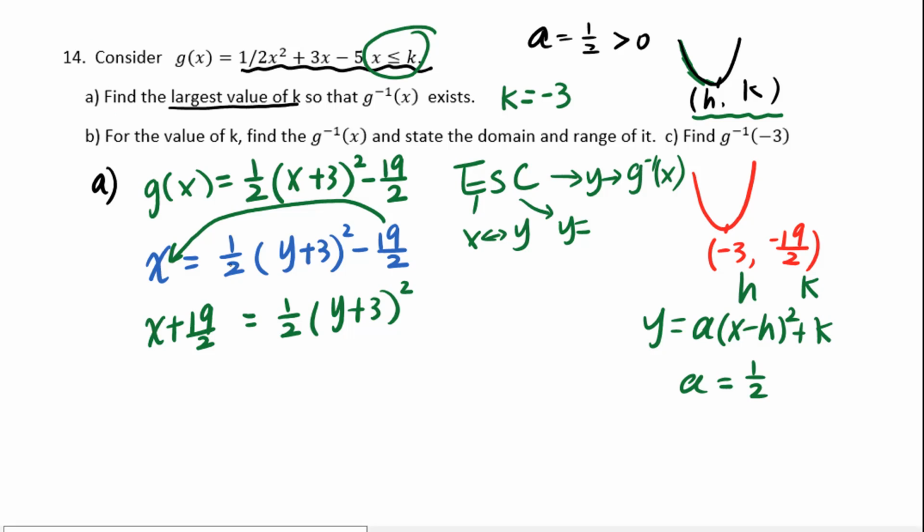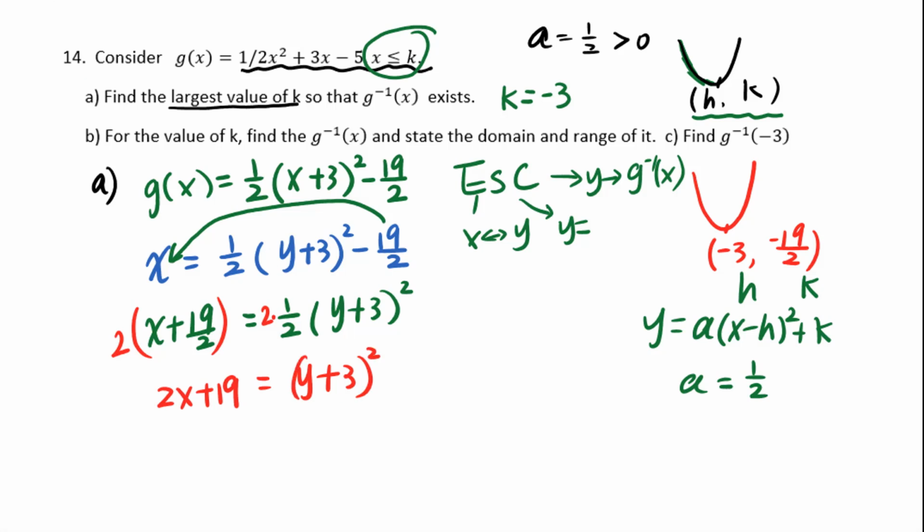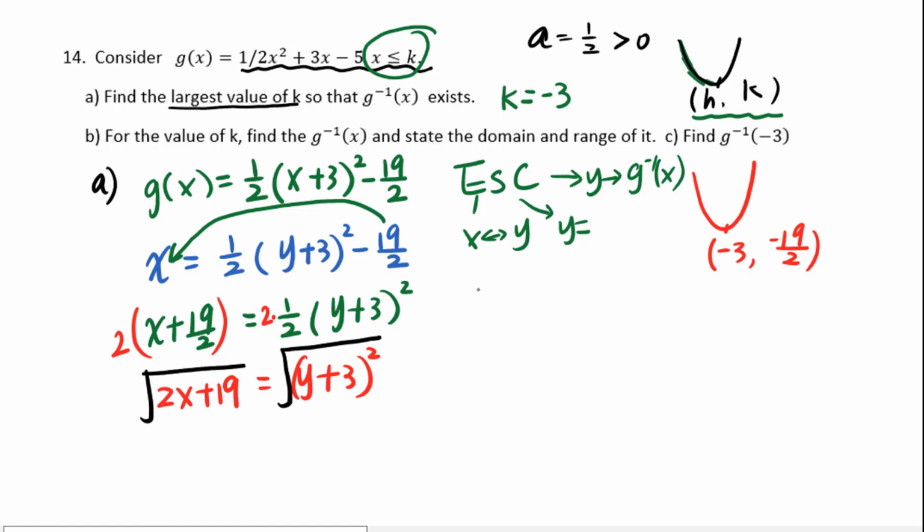Then multiply by 2 on both sides. You will get 2x plus 19 equals y plus 3 squared. Then take the square root of both sides. When you solve for y squared equals x, you take the square root of both sides.